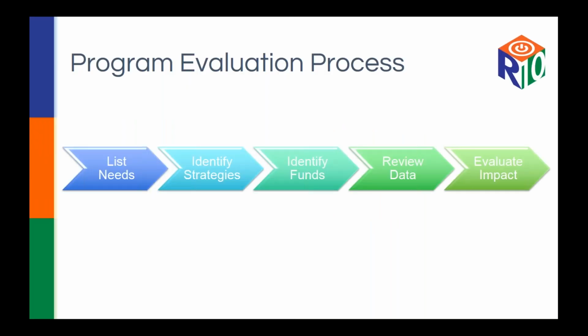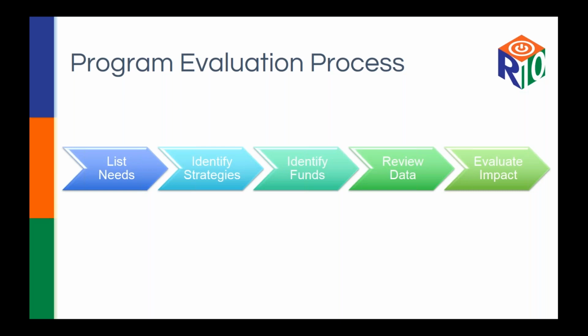So the 5 steps that we have here, the first of which would be to list your needs, followed by identifying your strategies, identifying your funds, reviewing the data, and evaluating your impact. Now, listing your needs comes directly from your CNA, which is why I said at that last slide, you want to pull your CNA.